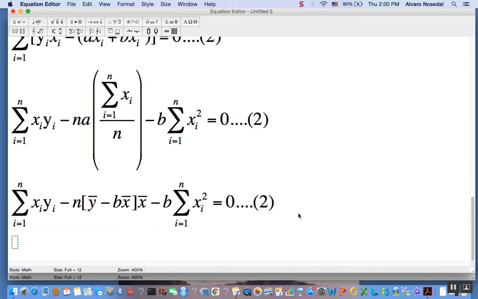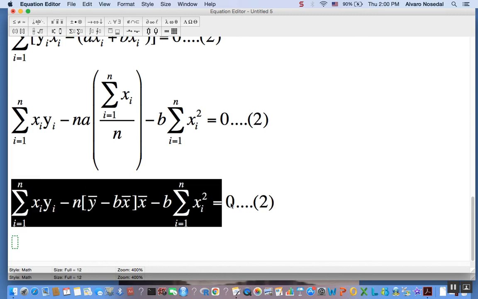Just plugging in from what we know from that new equation 1, right? Now let's do a little bit of algebra and see if things simplify a little bit.